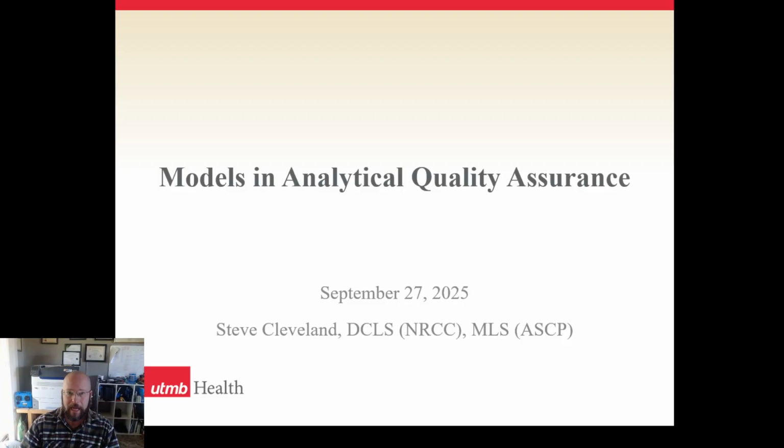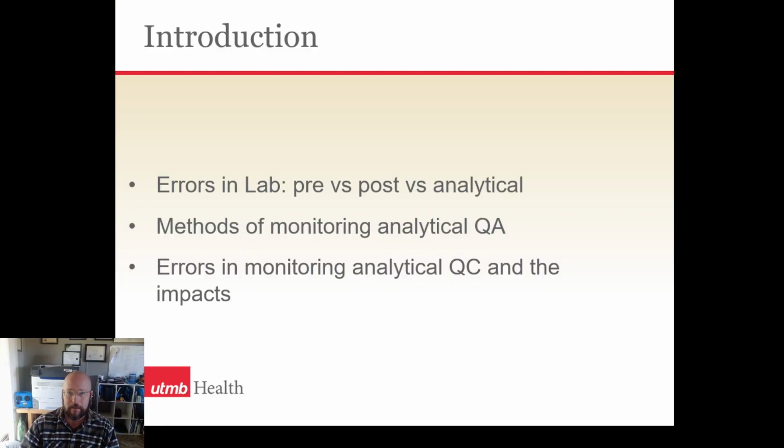So let's go ahead and dive into this. Errors in the lab are oftentimes classified according to the phase in which that error occurs. None of this should be any surprise to any of you. You've all been in the laboratory long enough. We've got our pre-analytic errors that happen before samples get to the laboratory. The post-analytic errors can be thought of as those things that occur after we have provided a result to the physician.